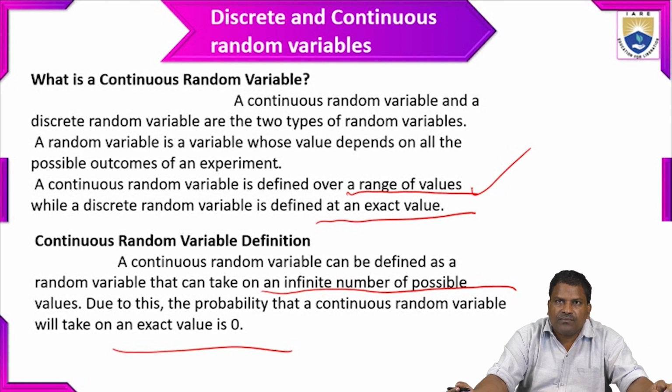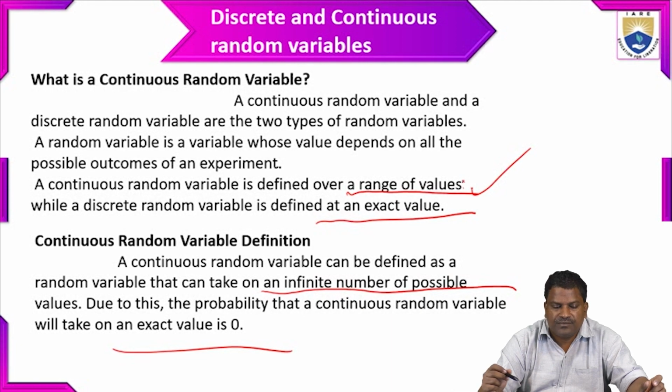So once again, come to a concrete idea about what is a continuous random variable and what is a discrete random variable. A continuous random variable and a discrete random variable are the two types of random variables. A random variable is a variable whose value depends on all the possible outcomes of an experiment. A continuous random variable is defined over a range of values, while a discrete random variable is defined at an exact value.